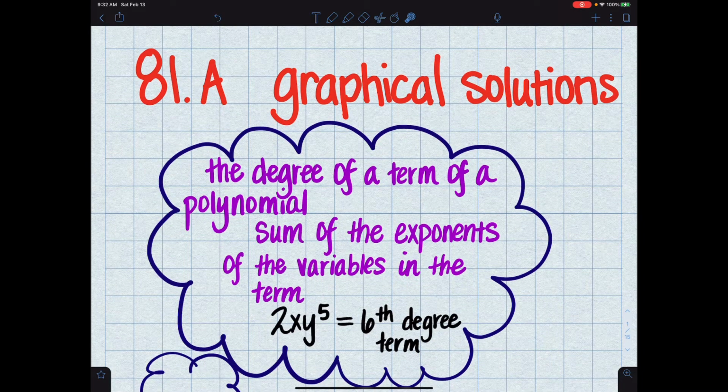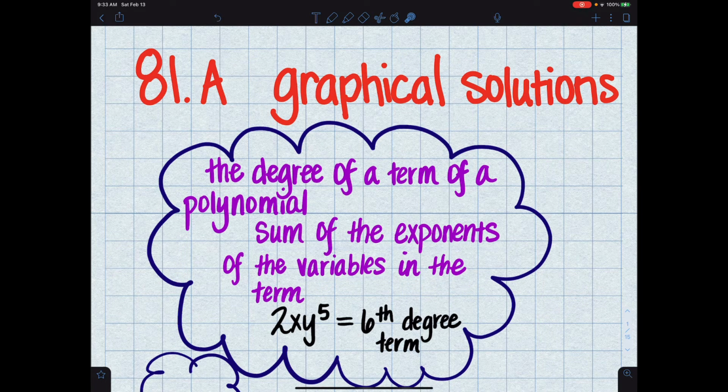So we're starting with 81A, graphical solutions. This section of the lesson gives us a little bit of a reminder on the degree of a term of a polynomial. Remember how we were talking about that? To figure out its degree, we sum up the exponents of the variables.